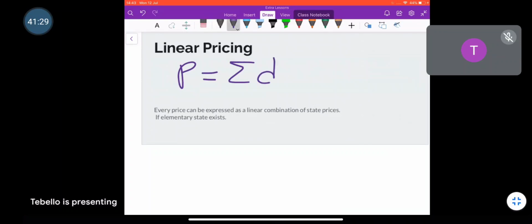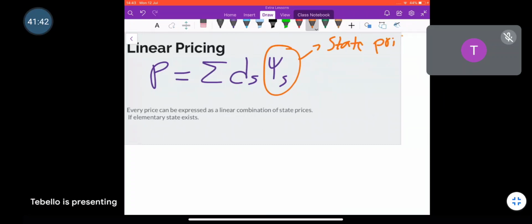This is the payoffs and the state price. This is what we call the state price. So this is your state prices, right? So basically this is what this formula states.